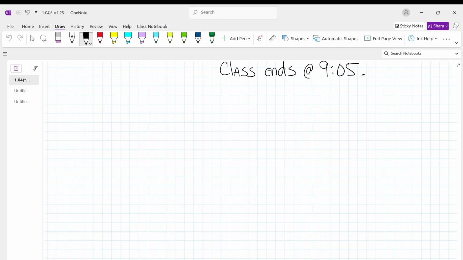Okay, today we are going to be evaluating a logarithm. Your directions for your practice problems will say evaluate each logarithm.